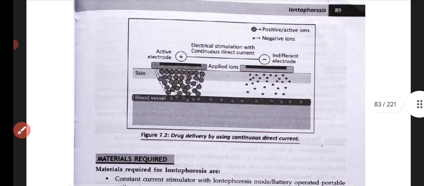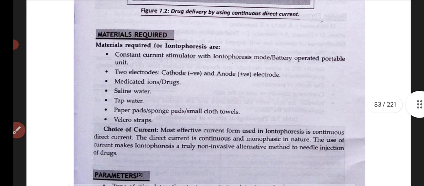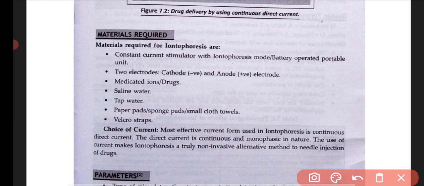For the iontophoresis method, what are the materials required? The main materials required are, number 1, a constant current stimulator with iontophoresis mode and a portable unit.